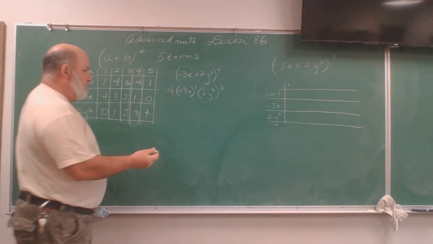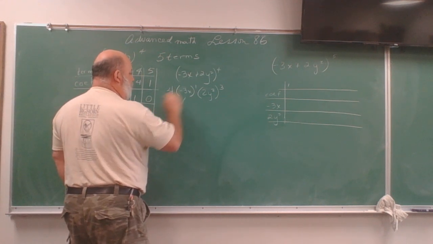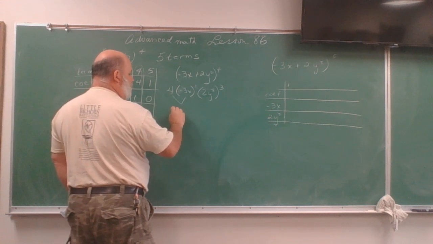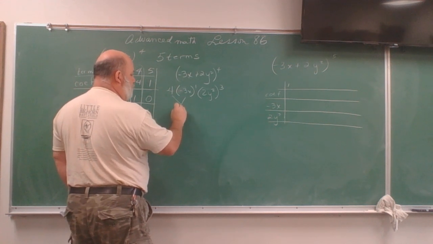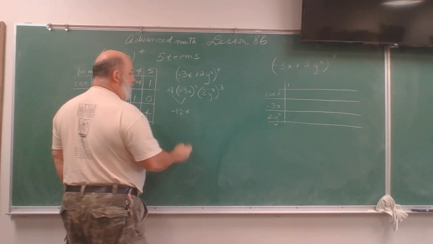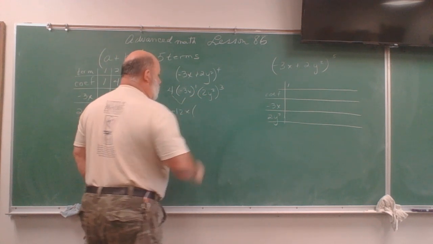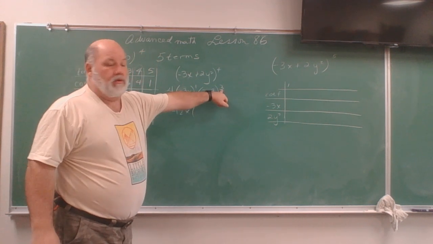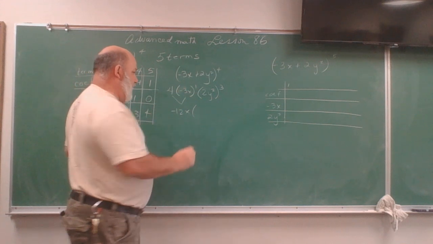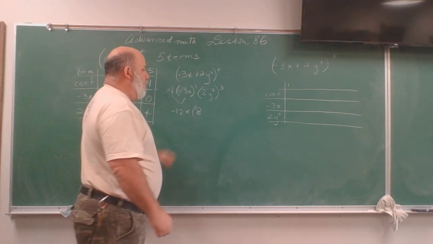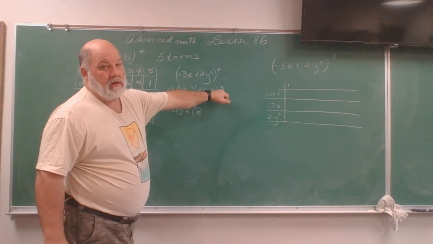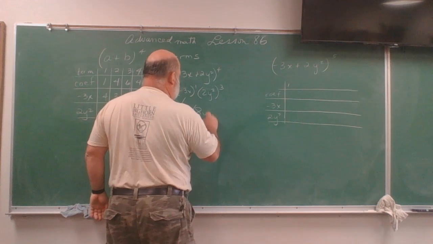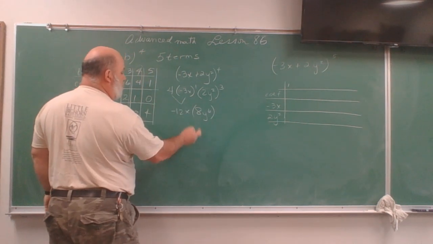And then I need to multiply this out. I'm going to go ahead and put these two terms together first. They're not terms, but factors. Negative 12x. But then I'm going to do this one separately. This is 2 cubed. 2 cubed is 8. Y squared quantity cubed is y to the 6. I multiply these out.